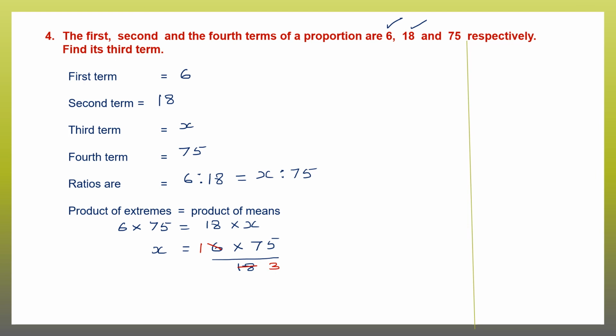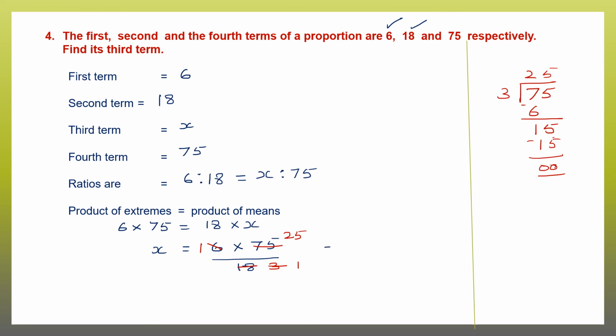Now I can cancel 3 and 75. I can divide 75 by 3. So let's do that. 75 divided by 3. 3 2s are 6, minus, 1. I bring down 5, 15. 3 5s are 15. So that means 3 into 25 is 75. So let's cancel. 3 1s are 3 and 3 25s are 75.